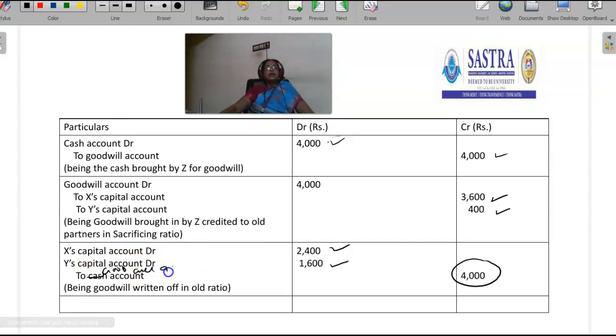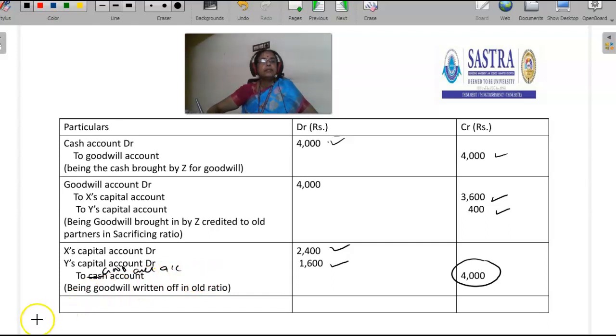The goodwill which is in the account is written off, not withdrawn. The amount is written off because there is already some goodwill in the balance sheet. Further, the entry is old partners' capital account debit to goodwill.